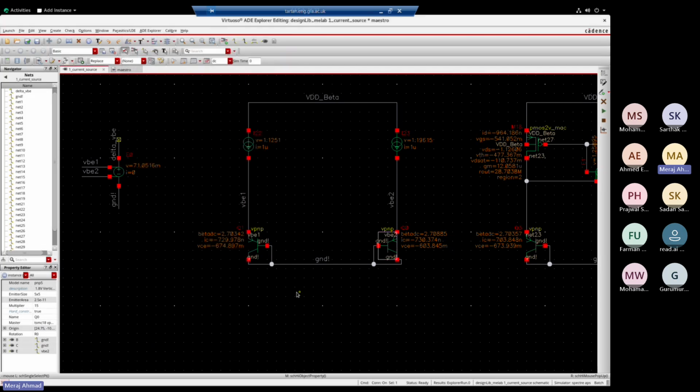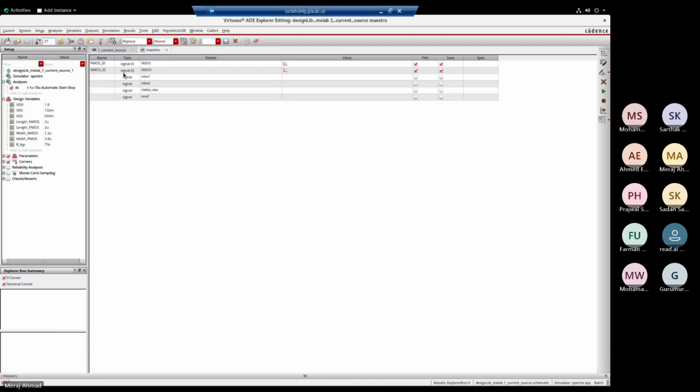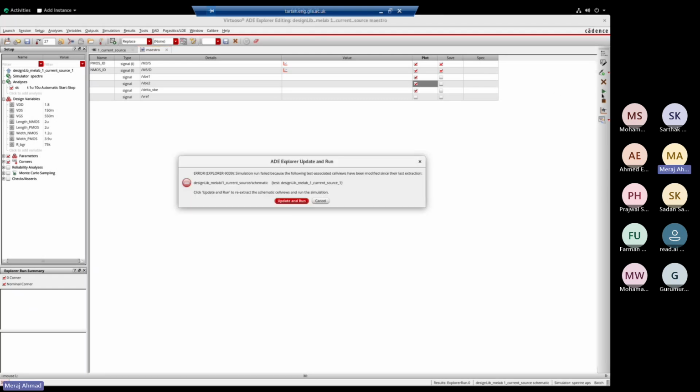So if you have two BJTs configured in diode connection, and in one you increase the area and just inject the same current, then you plot VB1, VB2 and the difference. I have VB1 and delta VB.